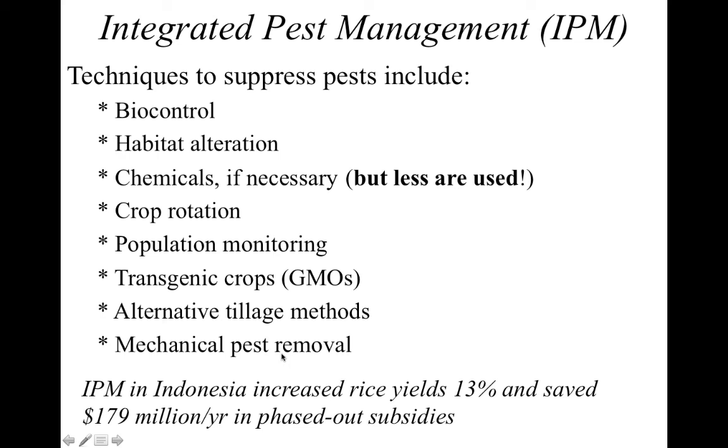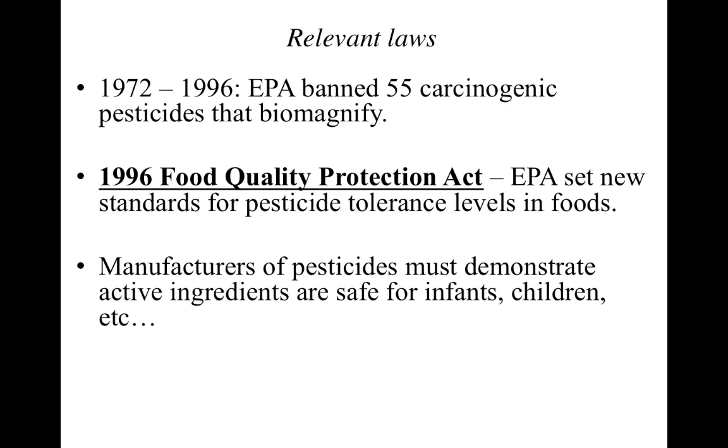So IPM is actually a very big topic in the United States. Any good farmer uses this, and not only does it decrease the pollution, it saves the farmer money. IPM in Indonesia increased rice yields by 13%, and it saved 179 million per year in phased out subsidies, meaning the government did not have to give as much money to farmers for them to survive.